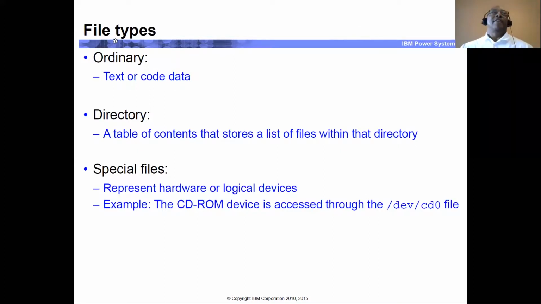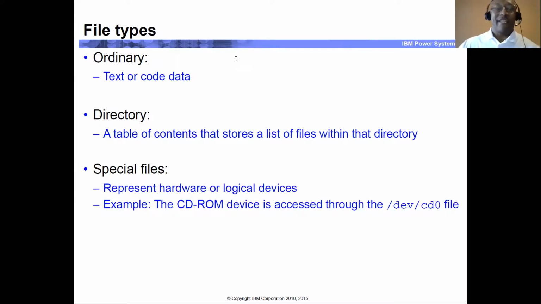All right. So the three primary file types. Again, these are the three primary file types. But let's make a statement, and you probably know this already. Okay, that for the most part, everything in the Unix world, AIX.